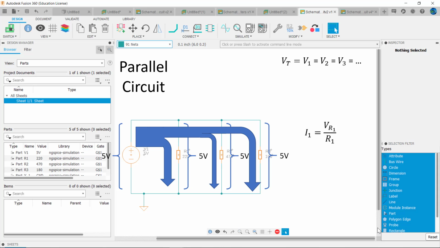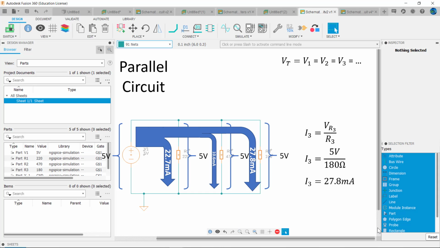Using Ohm's law, I1 equals the voltage across R1 divided by R1, which equals 5 volts divided by 220 ohms, and so I1 equals 22.7 milliamps. Similarly, I2 equals V across R2 divided by R2, or 5 volts divided by 470 ohms, or 10.6 milliamps. And I3 equals V across R3 divided by R3, or 5 volts divided by 180 ohms, or 27.8 milliamps.